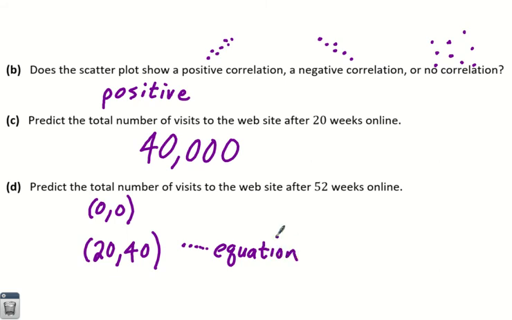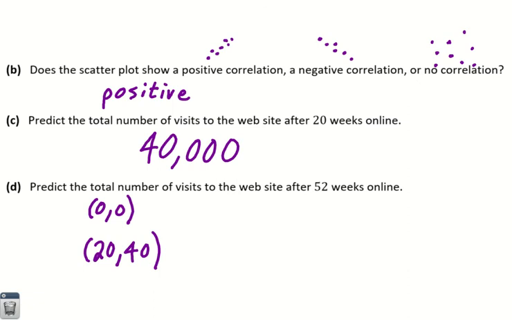And you could have the equation of the line, and using your equation, you could figure out 52 weeks. Might as well do that now. I was going to wait until the next video, but might as well do it now.